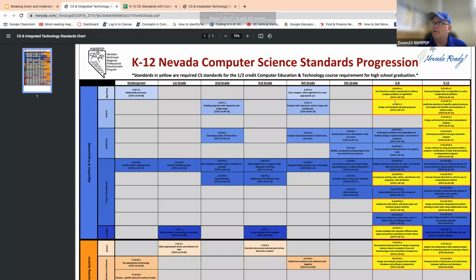Those were banded together because we wanted to give schools the autonomy of deciding when to teach those. But the danger then is, well, maybe we pass the buck to someone else. Oh, this should be taught in 7th grade, and the 6th grade teachers don't have to worry about it. So the middle school is banded, but the elementary ones, we didn't want to put those all together because we really wanted people to have some accountability for what they had to teach.